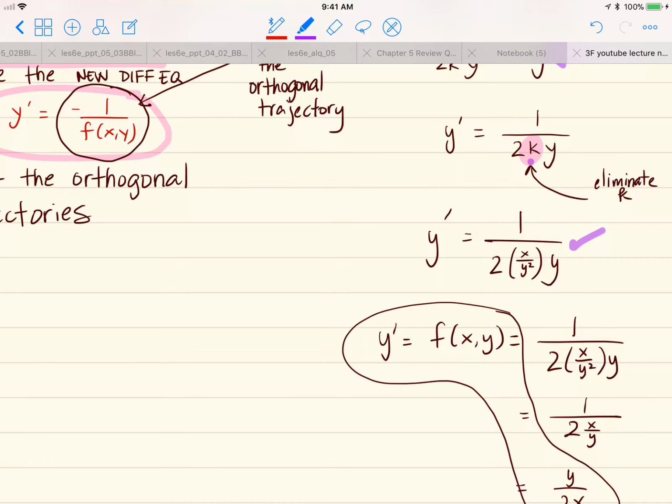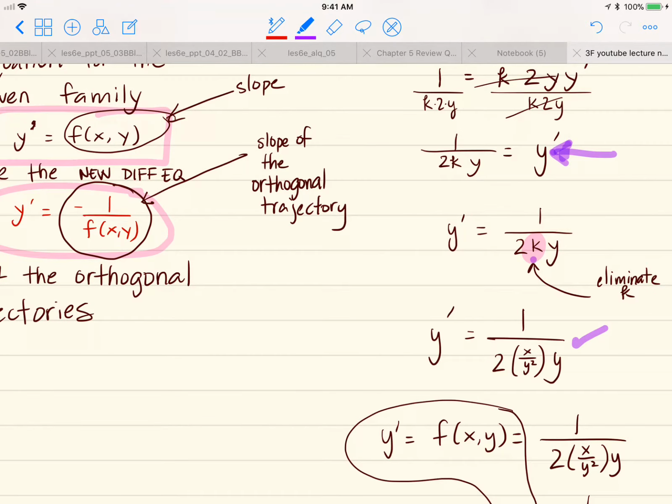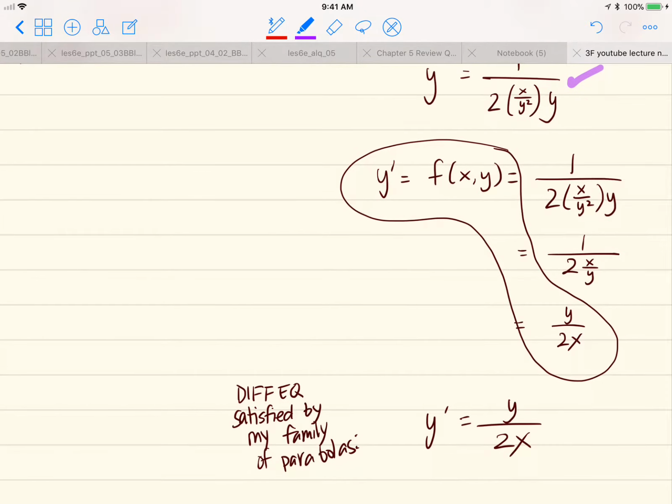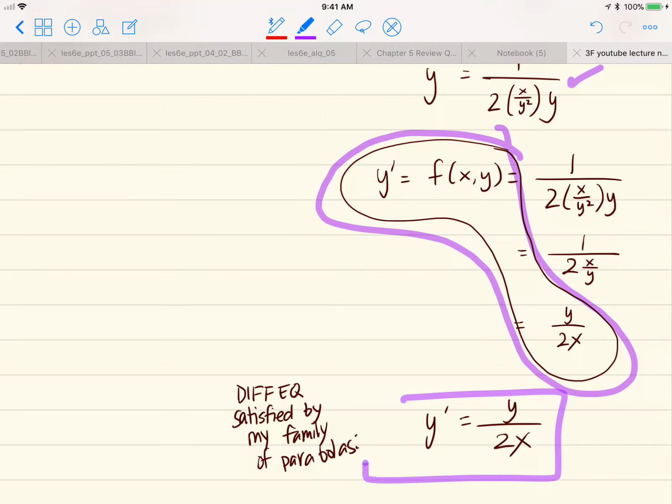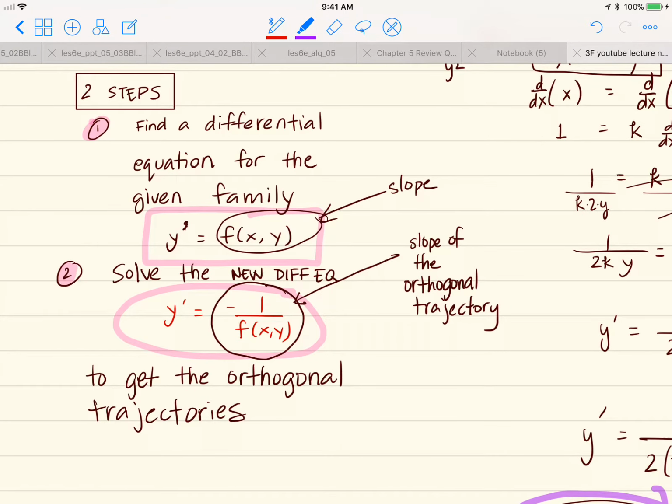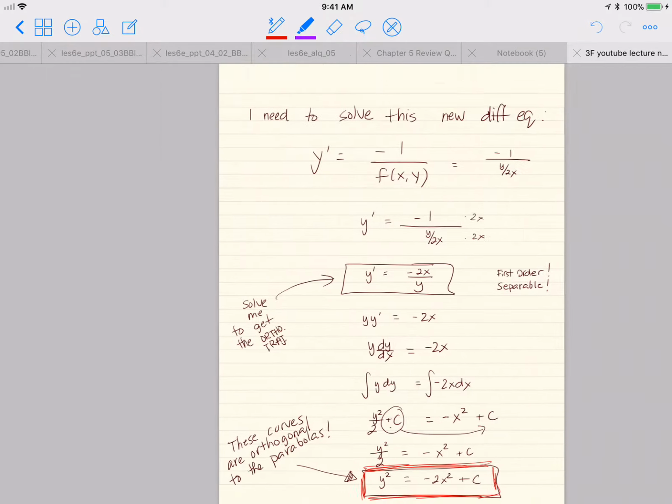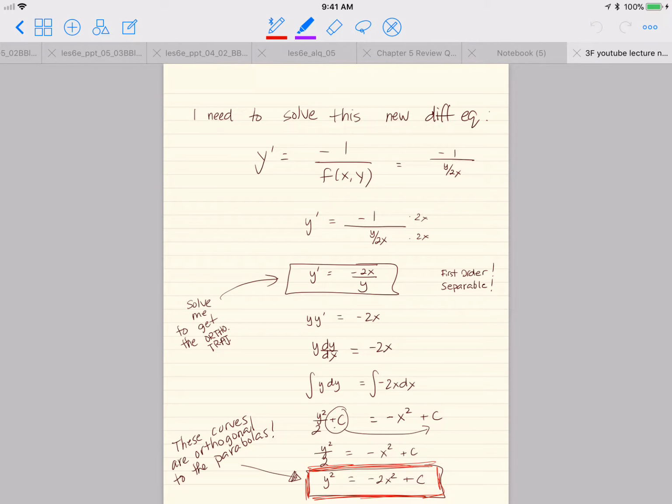Now we're in a situation where we've got what we need, a differential equation of the form y prime equals f of x, y. So that was step 1. And then step 2 is to solve a brand new differential equation, which will allow us to make sure that the product of our slopes is equal to negative 1.